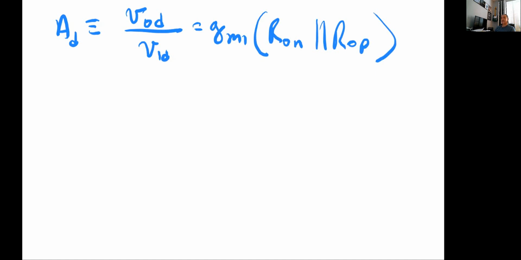Remember that the transistor on top of transistor 1 is doing the impedance conversion.